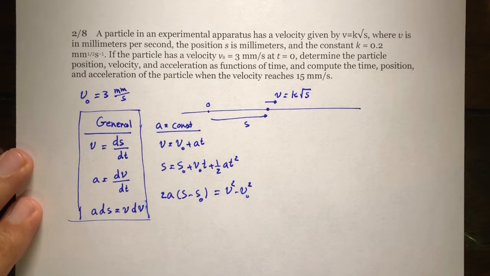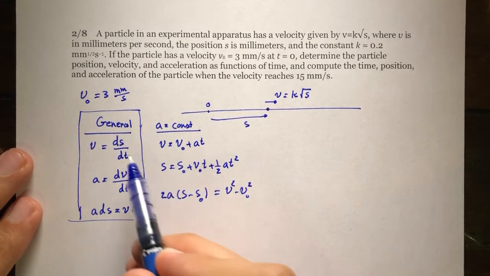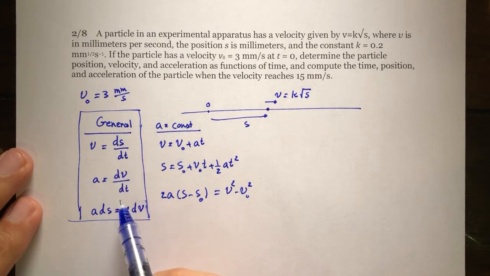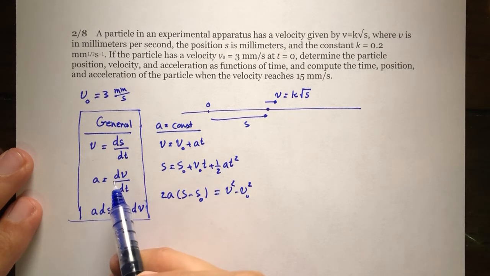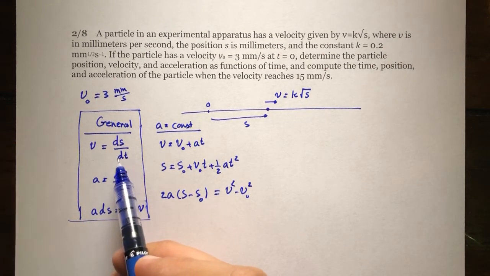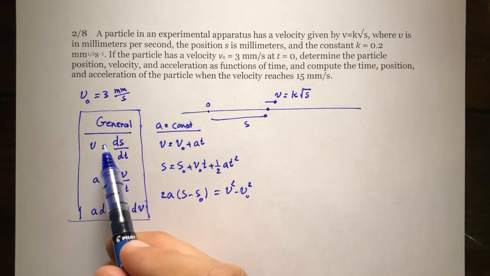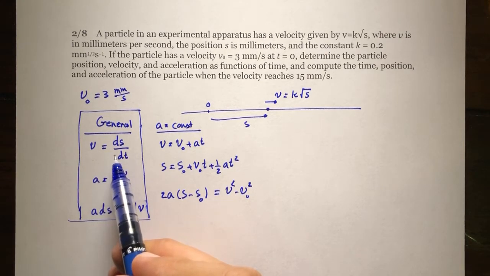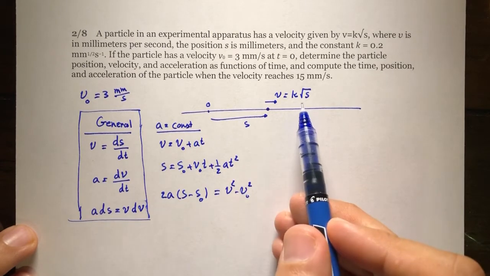So what should I do here? If you look at these equations and think which one is going to be useful here, probably the first one is going to be the best option. Why? Because we know velocity is a function of s.